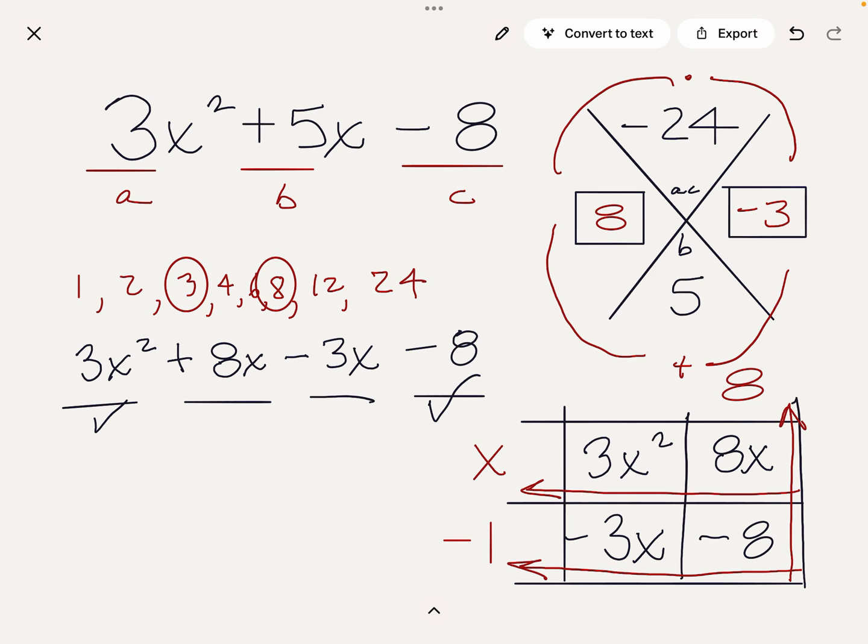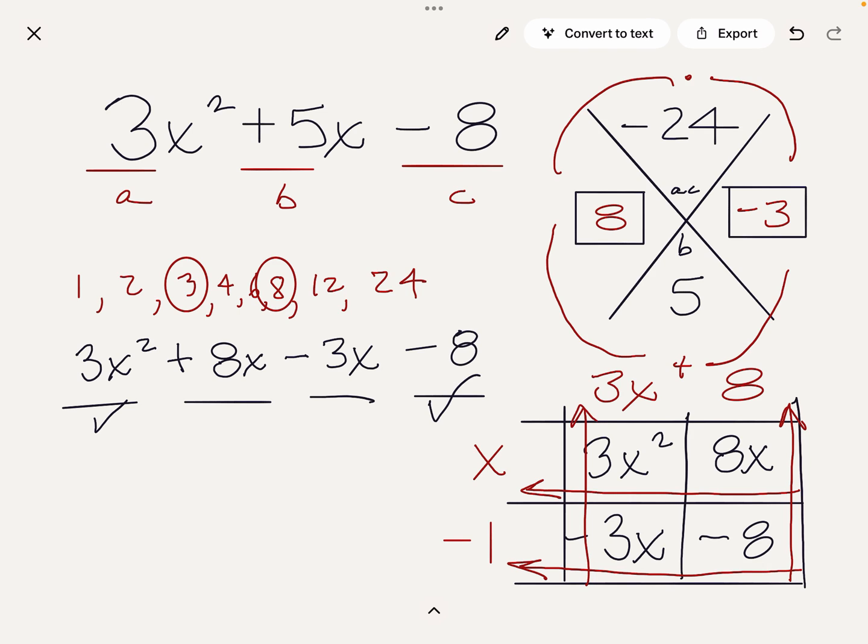Now let's go this direction and come up with the GCF there. Well, the GCF there is going to be 8 because it will not be negative, because if we multiplied negative 8 times negative 1, we would get a positive 8 down there, and it's negative.